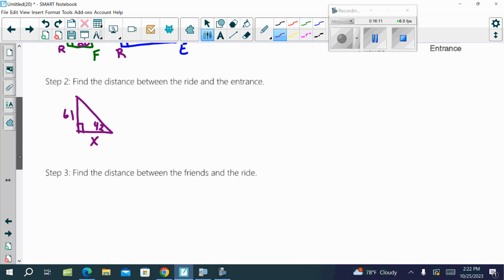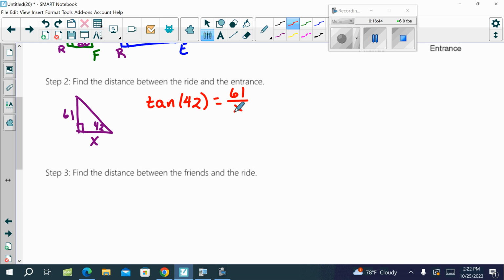So what am I going to use to find that? What trig function will I use? Yeah, I do not have the hypotenuse. I have opposite and adjacent. So tangent again. So tangent of 42 equals, what would my ratio be? Opposite over adjacent would be 61 over x.